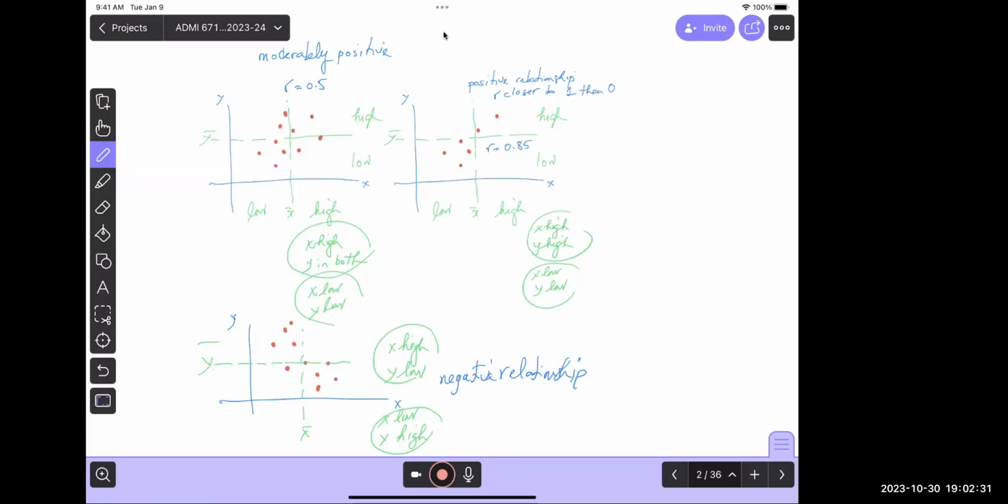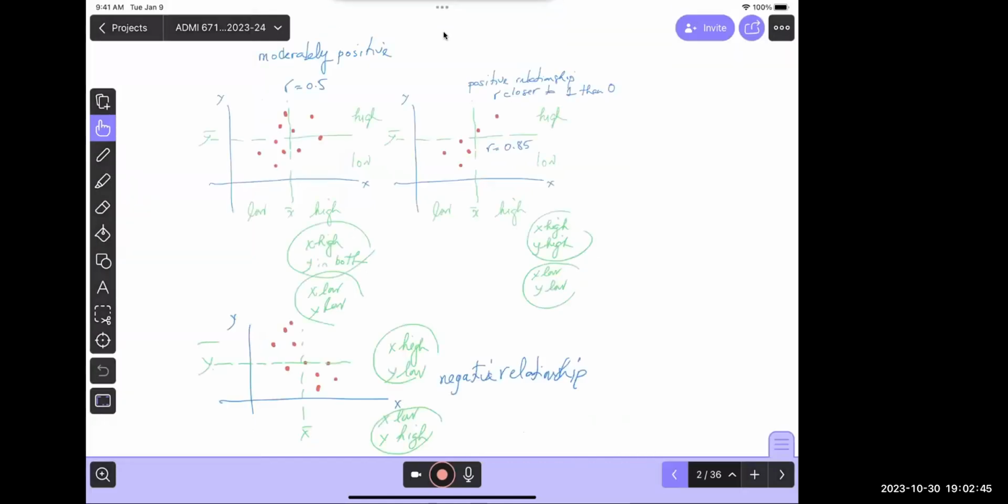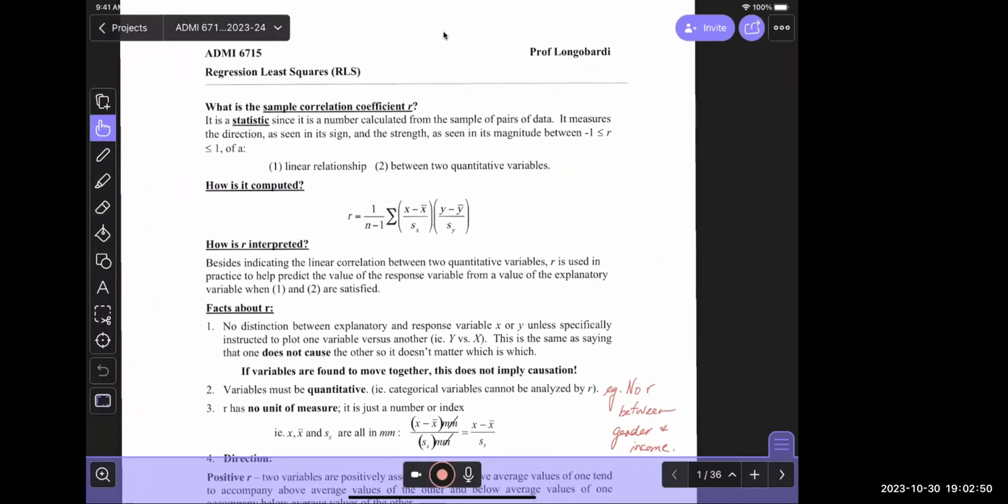Any questions? So how does this translate into the formula? If there's a tendency that when X is above the mean, Y is above the mean, this will be positive and this will be positive.